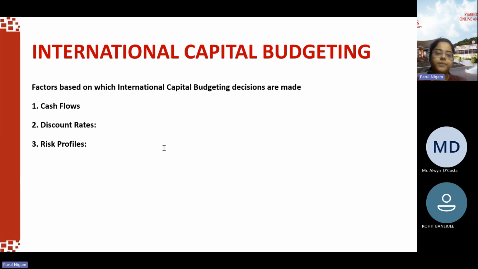Okay, then we have inflation and interest rates. High inflation reduces the purchasing power and affects the real value of future cash flows. Rising interest rates increase the cost of financing international projects. For example, a company expanding in Argentina, a high inflation economy, must adjust discount rates to reflect the inflation risks.